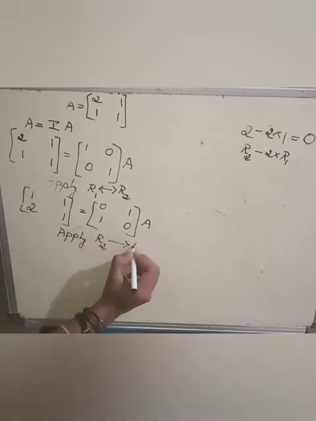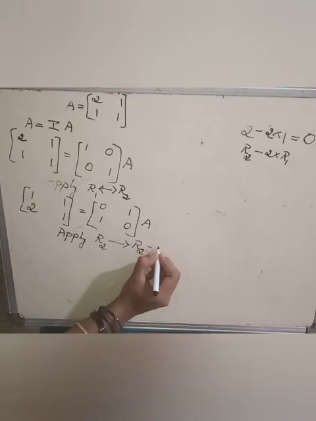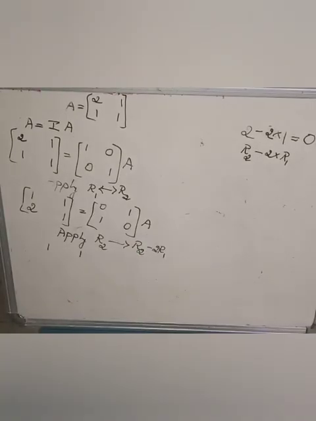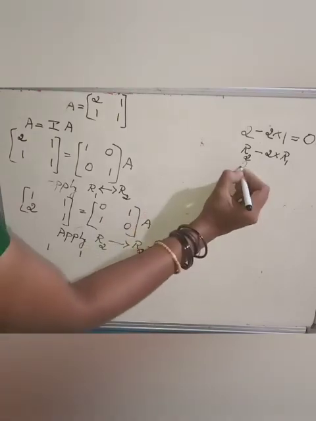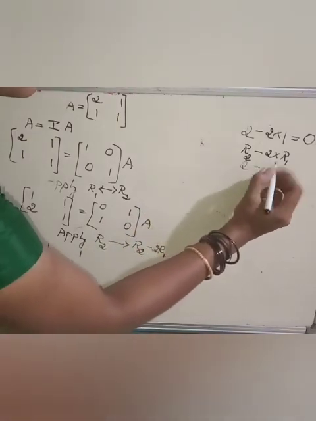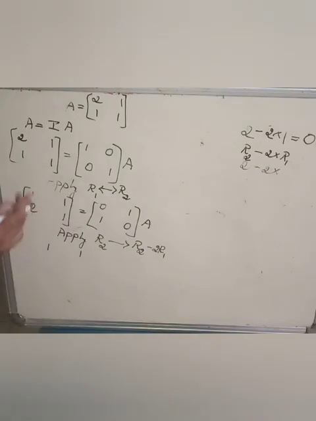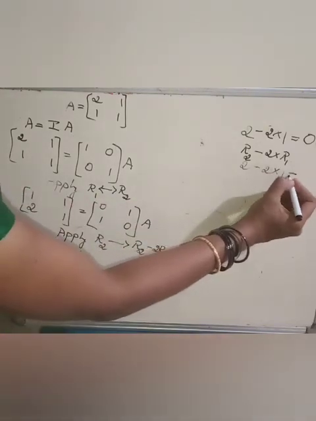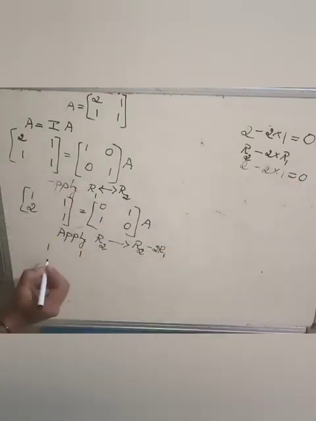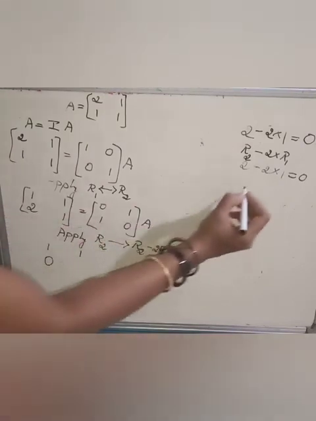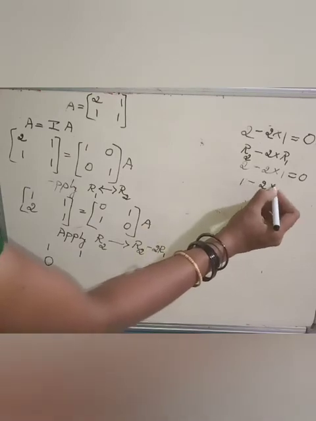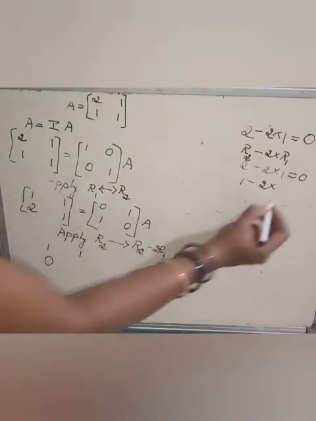So the elementary operation is R2 gives R2 minus 2 R1. First row, write as it is. In the second row, the entries get changed. R2 entry is 2 minus 2 into the corresponding R1 entry 1, so this is 0. Again, R2 entry is 1 minus 2 into the corresponding R1 entry 1.